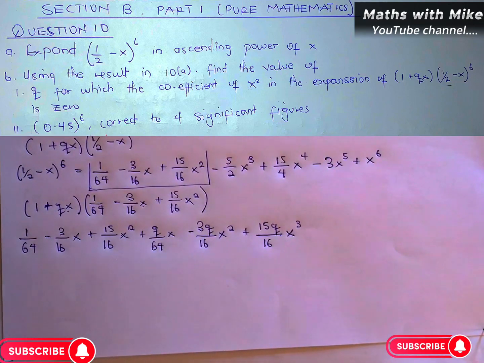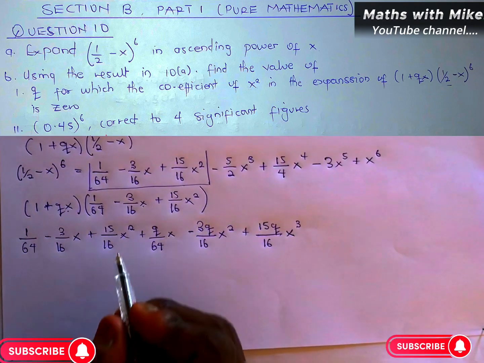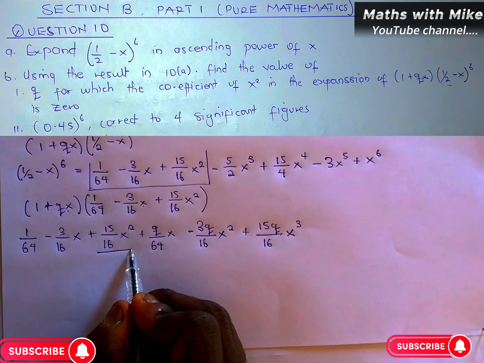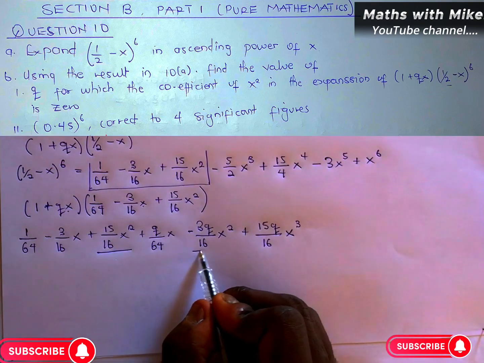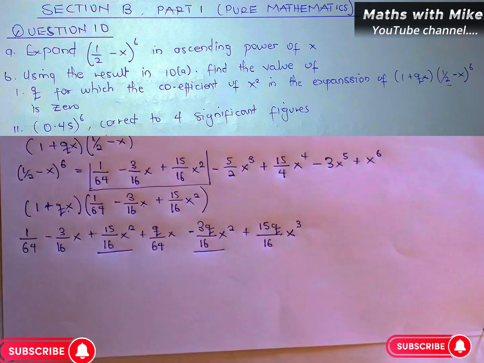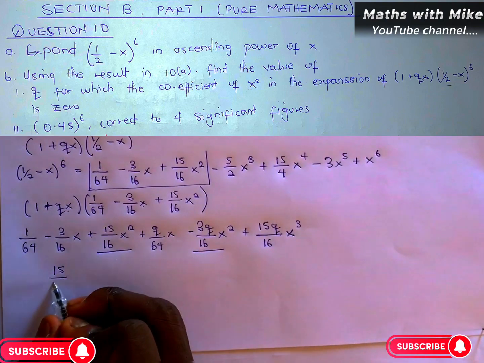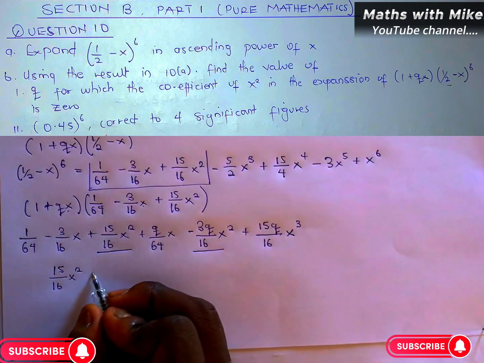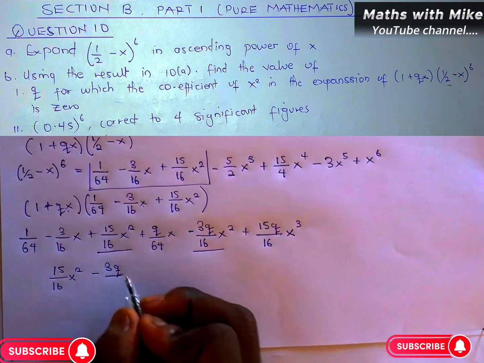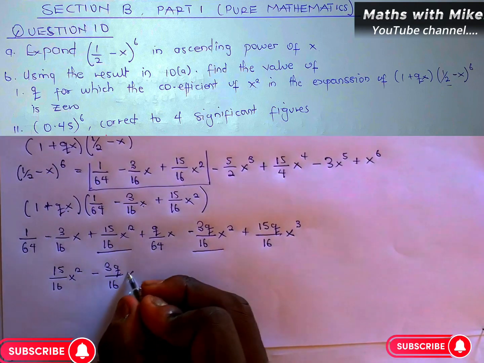So we are asked to find the value of Q for which the coefficient of x squared is 0. So we are only interested in the coefficient of x squared. Looking at this expansion, we have 15 over 16 and minus 3q over 16. These are the only coefficients of x squared. So 15 over 16 x squared minus 3q over 16 x squared.